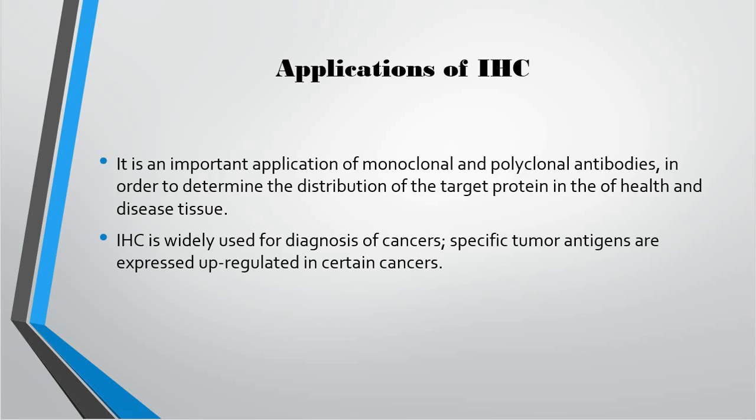Then applications of IHC. Immunohistochemistry uses the basic principle of immunology, the antigen-antibody reaction, namely antigen and antibody specific binding, by chemical reaction of the labeled antibody reagent to confirm the antigens in tissues, their location, and qualitative and quantitative research, called immunohistochemistry.